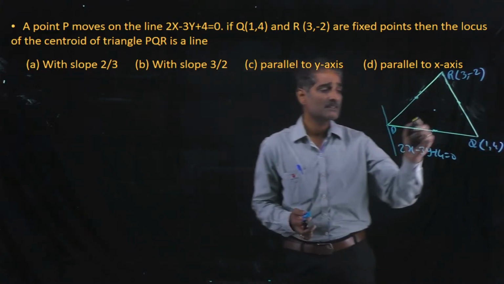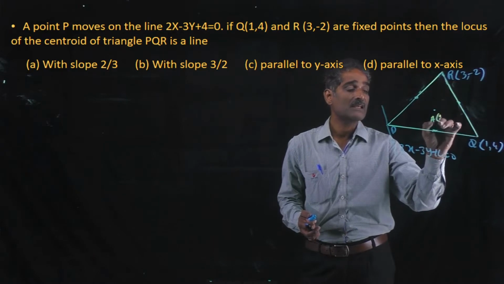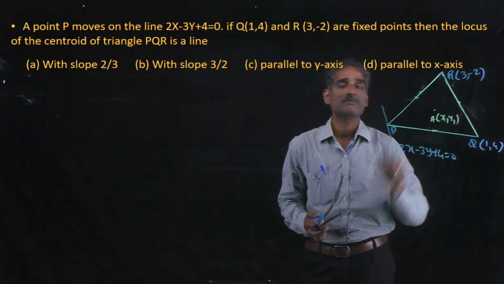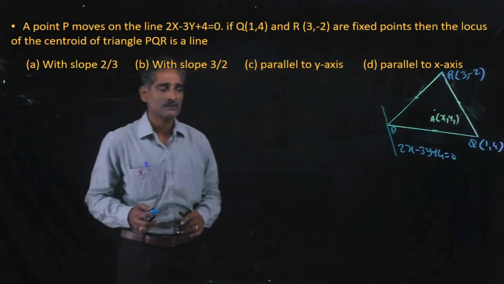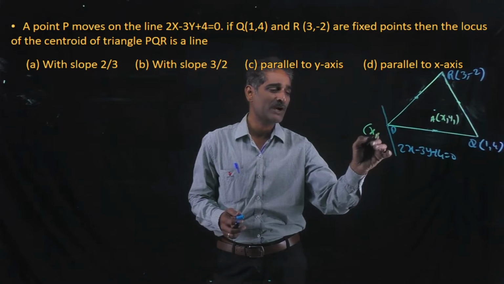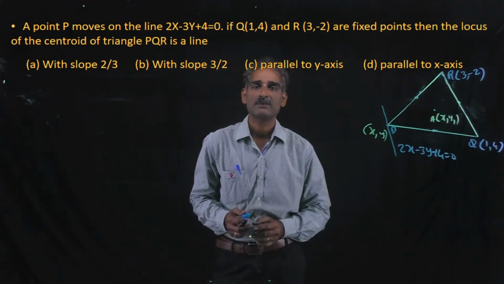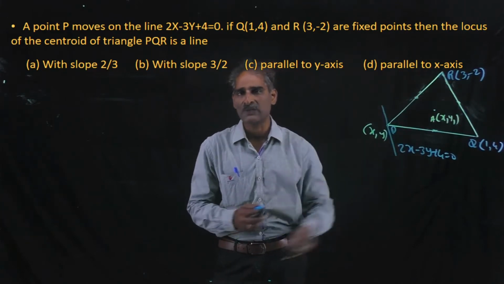Let us take the centroid to be some point x1, y1. Now we have to find out the locus of the centroid. Let us consider the coordinates of P to be some x comma y. With the help of these 3 points, you can find out the centroid.